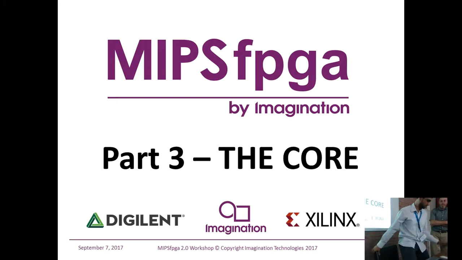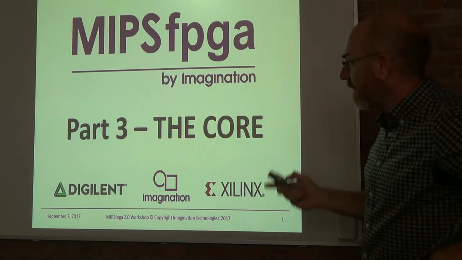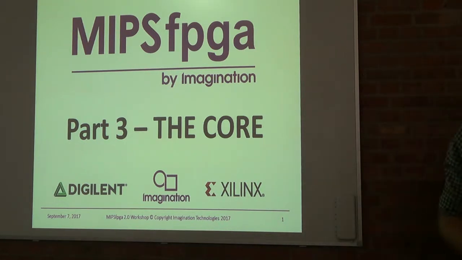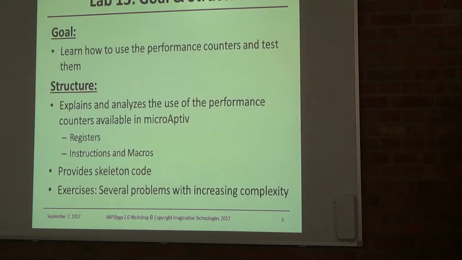Okay. Thank you. So we're going to part 3, which goes inside the core. It contains 7 labs, from lab 13 to lab 19. We'll start with lab 13, which is about performance counters. We'll make use of the performance counters available in microAptiv, and we'll examine different simple codes and test their performance, CPI, and so forth.